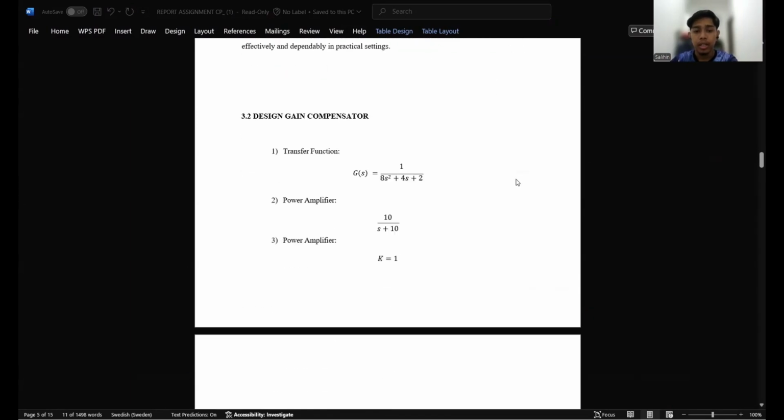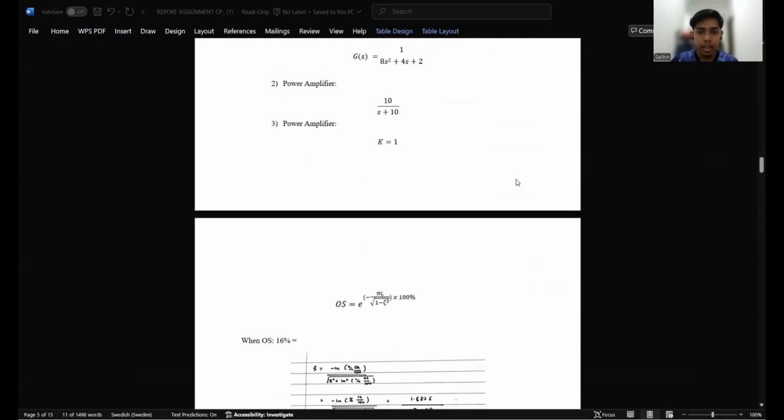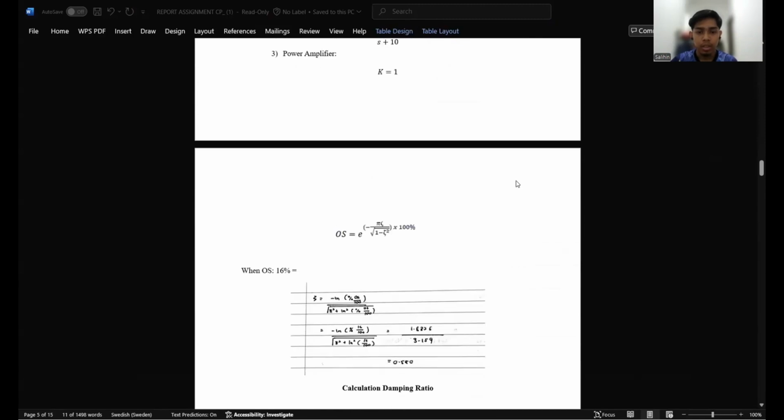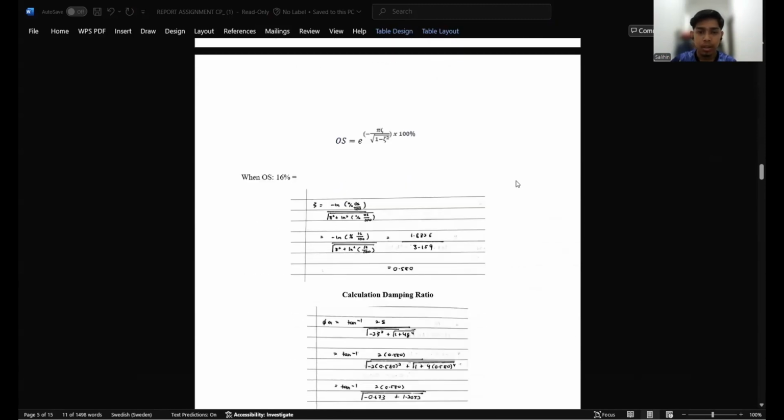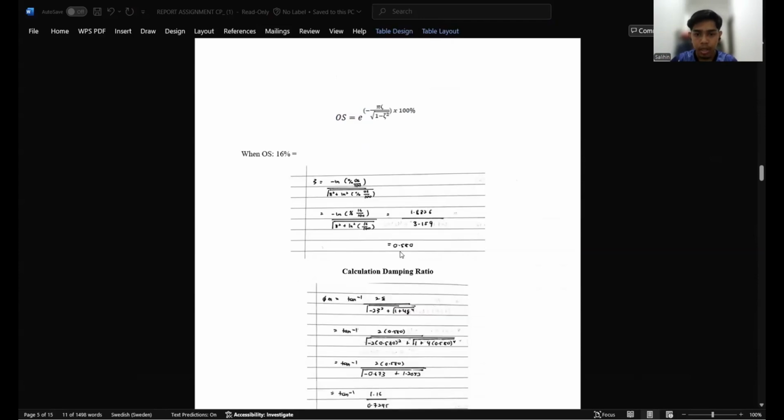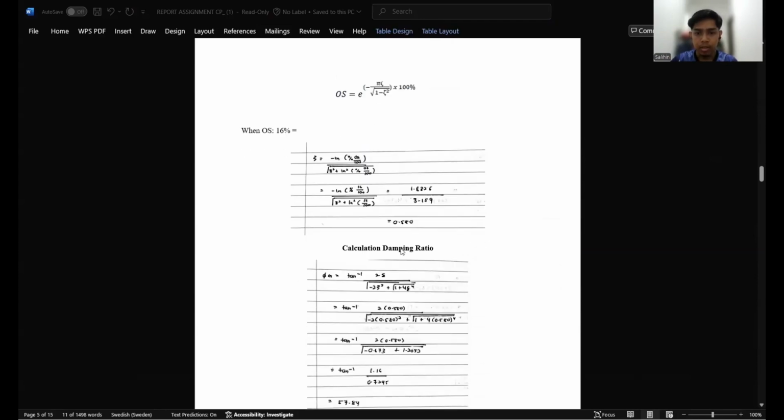For the design, our overshoot is 16%. Our calculation for zeta, we get 0.580.